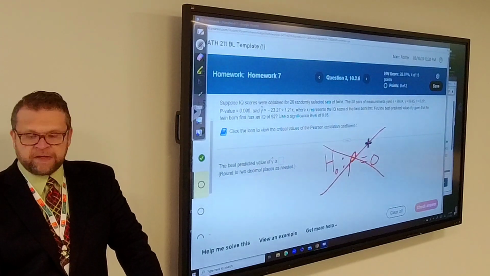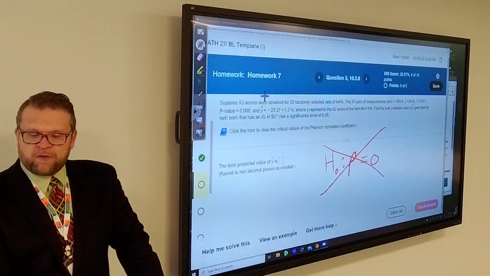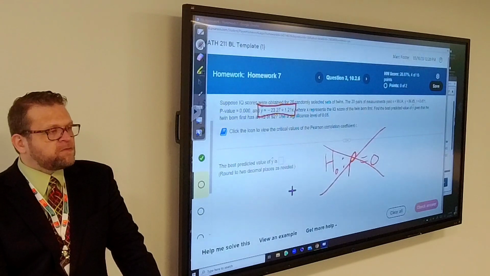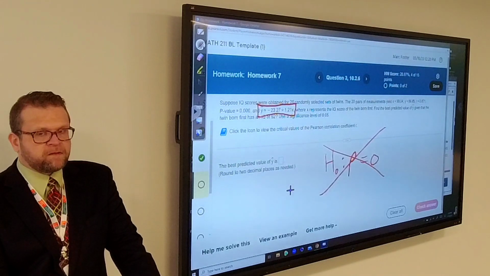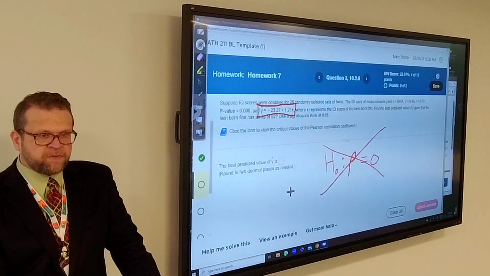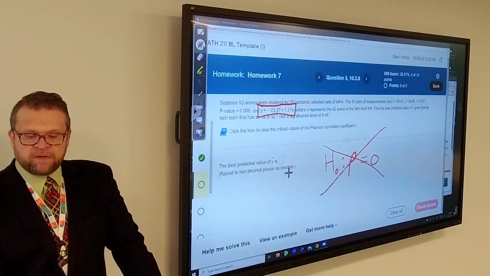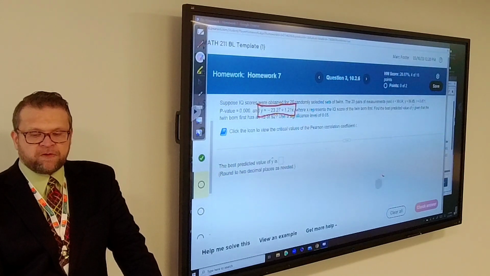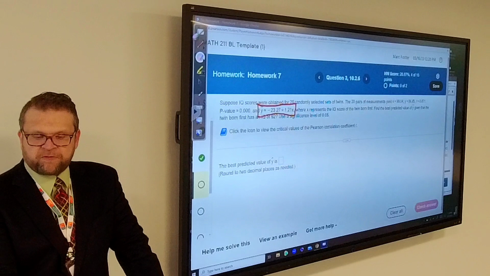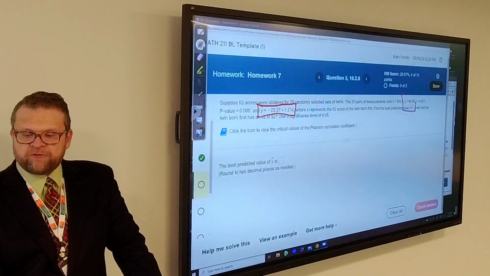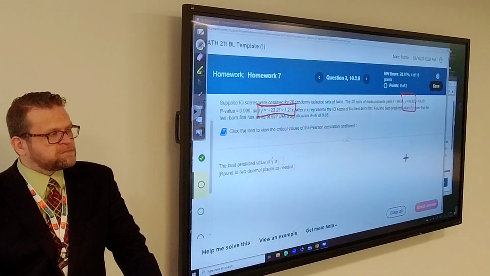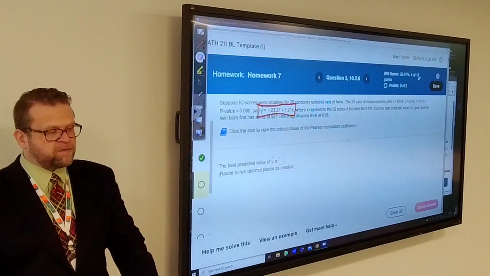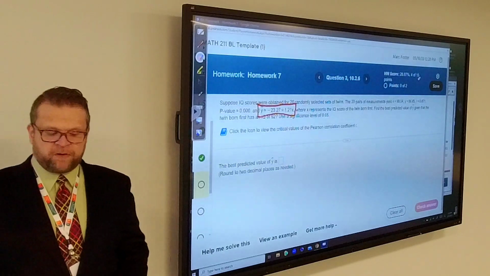So since there is some correlation, we would want to use the best fit line to make our prediction. You won't always use the best fit line. You have to check the p-value to know, should I have used the best fit line, or would I just use y bar? In this case, we're going to use the line because the p-value is so low.